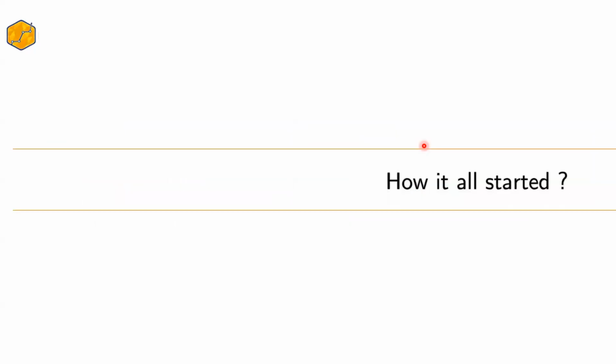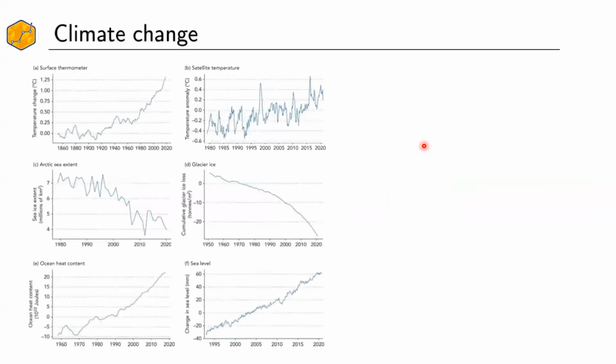All right, so the next question is why now, and how did it actually start? Why was this not important before, and why has it suddenly become important right now? Very quickly, to give you a background, this is the history of climate change.